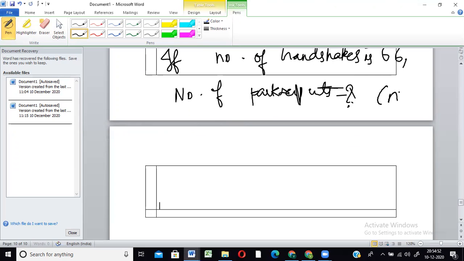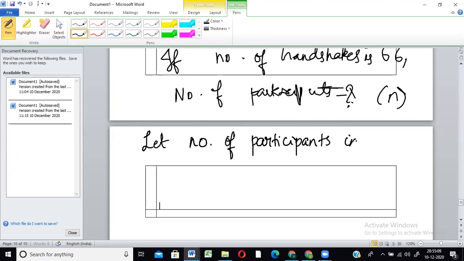Initially, we will assume that the total number of participants in the meeting be x. Now how can you shake hands?